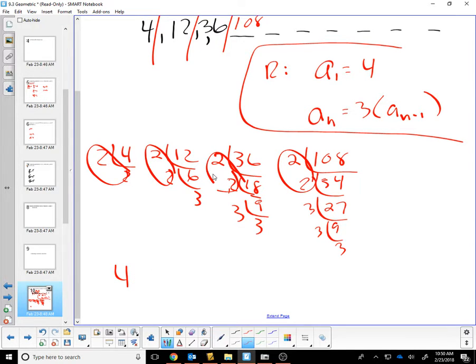Because this is all being multiplied. 4 times what? Yeah, it's 3 to the n minus 1. It's 3 to the n minus 1. And there's your explicit formula.